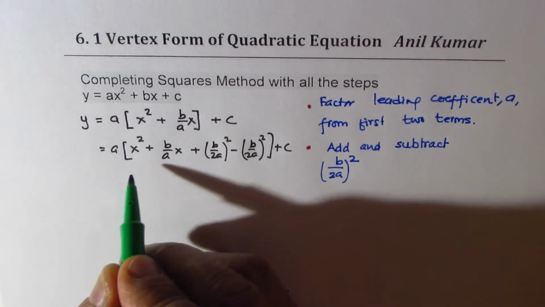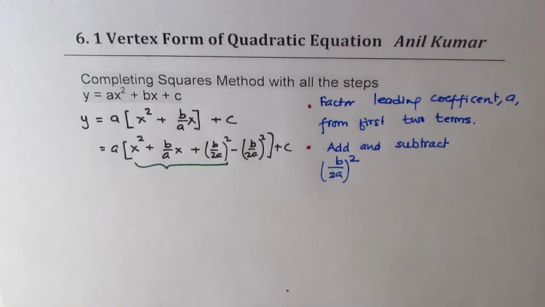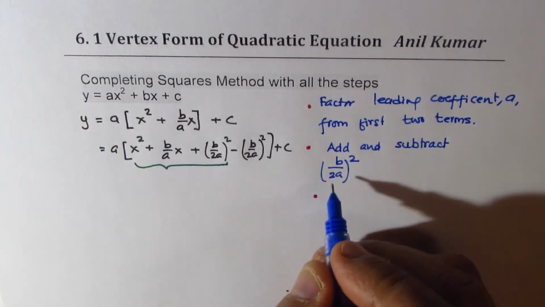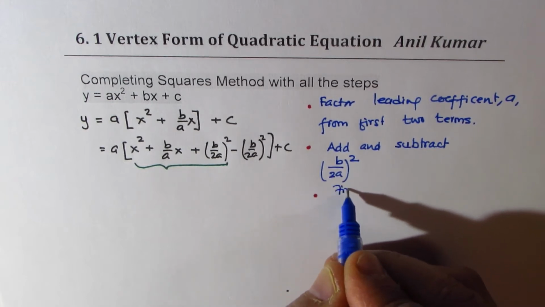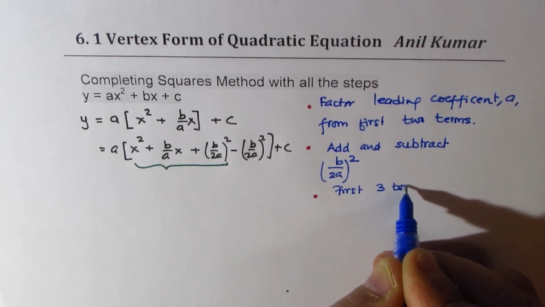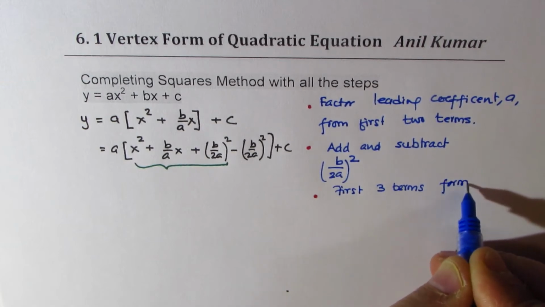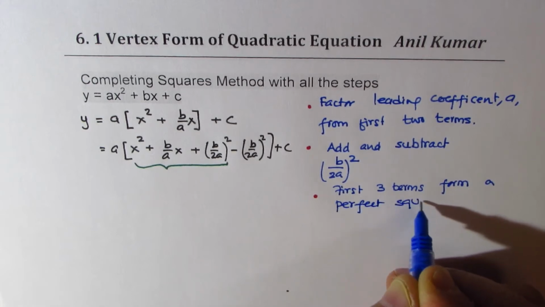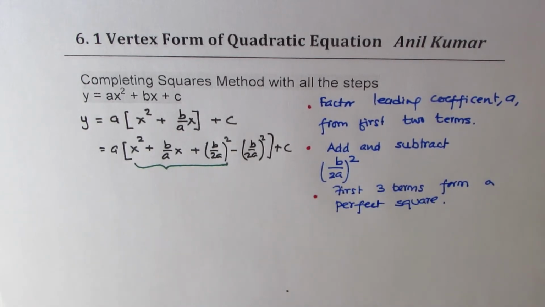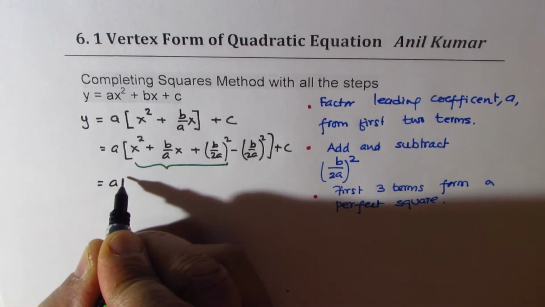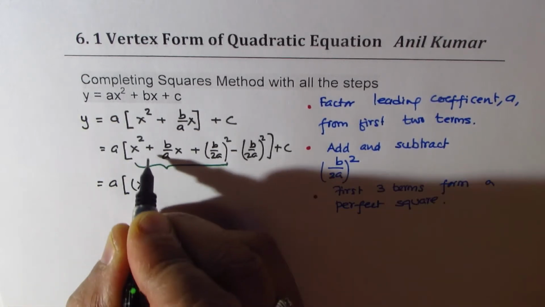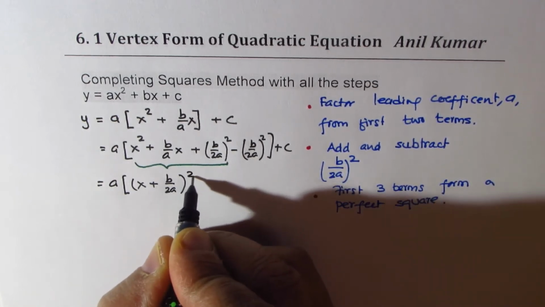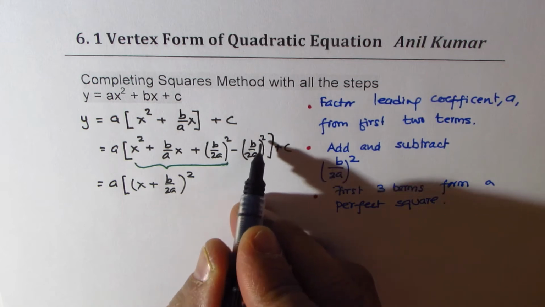Now once you do that, these three terms form a perfect square. So you'll notice that the first three terms form a perfect square. So you could write it as a times (x, the sign plus from here, b by 2a) whole squared, and we are left with minus b squared over 2a squared.